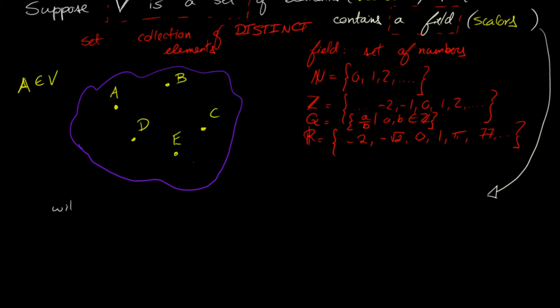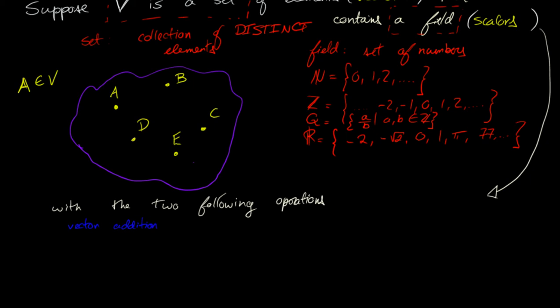With the two following operations. Two operations are defined on any vector space, and the first one is known as vector addition.